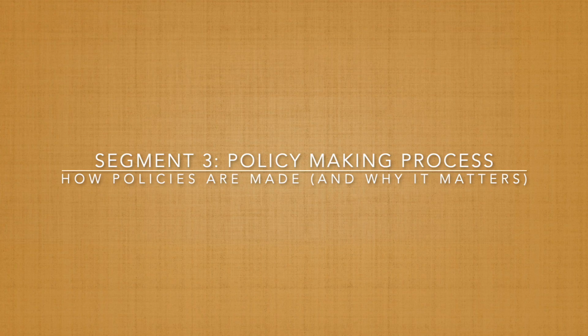So even though policy change appears to happen very quickly, and it can in certain areas, most policy is made through a developmental process, and it goes through various stages of development.